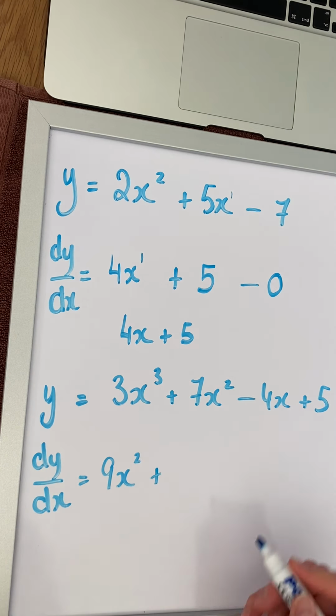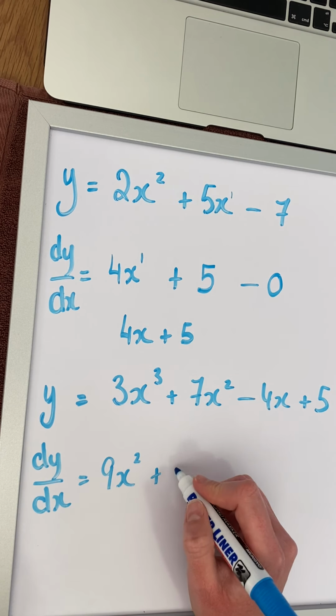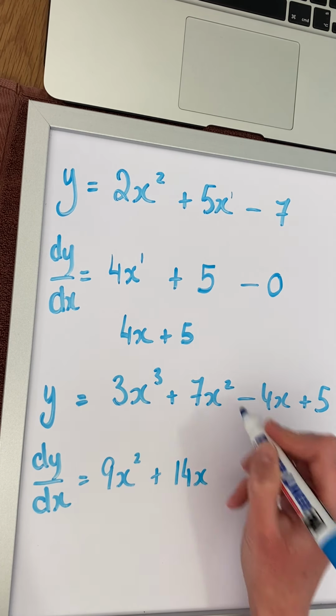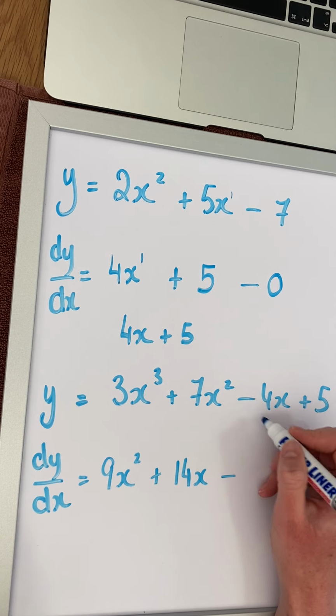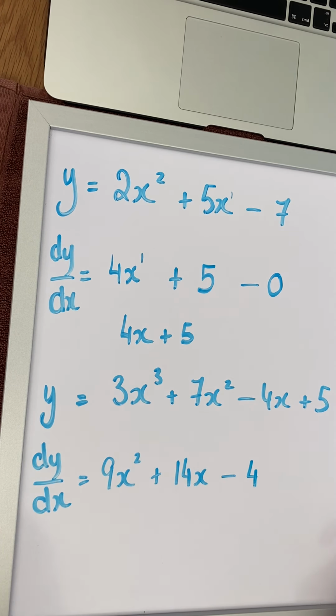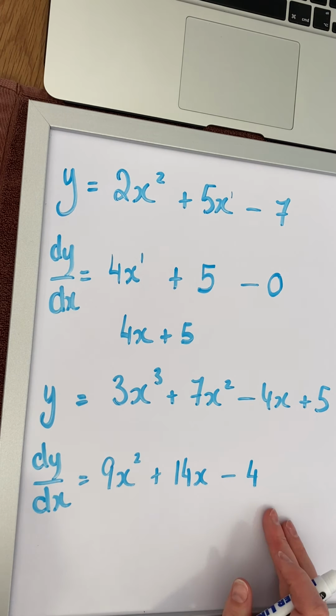Write down our plus sign. 2 times 7 is 14, so that's 14x to the power of 1. Write down our minus. 4x becomes 4, and the 5, a constant, becomes 0. So our dy/dx is 9x squared plus 14x minus 4.